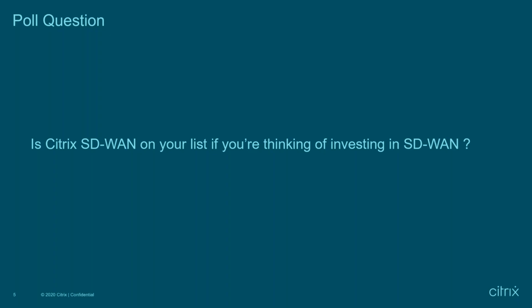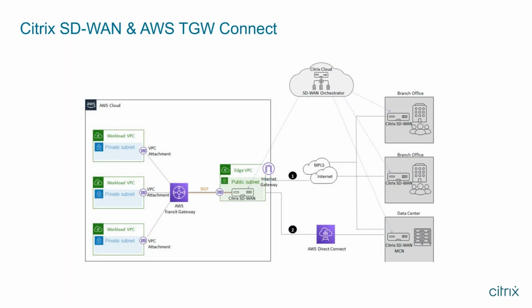Okay, so now we'll jump to the meat, right? And that is to tell you a little bit more about what the enhancement, what the feature is all about. If you're not familiar, I'll give you a brief of what the transit gateway is. Think of transit gateway as an intelligent router that exists in AWS, right?